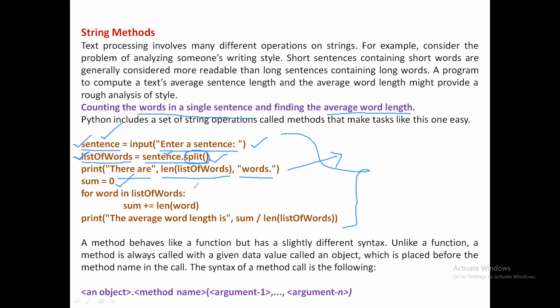So this for loop will calculate the sum of the lengths of all words in the sentence, and then the operation sum divided by len(list_of_words) will return the average. This will calculate the average word length and display it with the print statement. The message you are going to get is: the average word length is, followed by the calculated value. So this is a simple example that shows you the importance of text processing in real world applications.